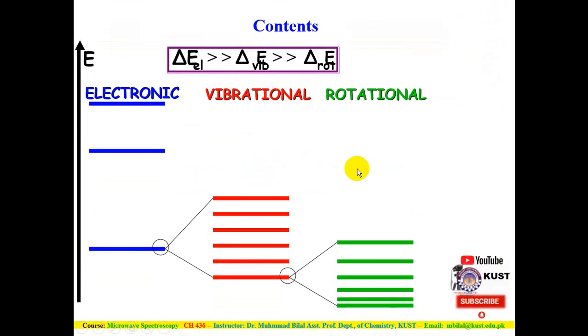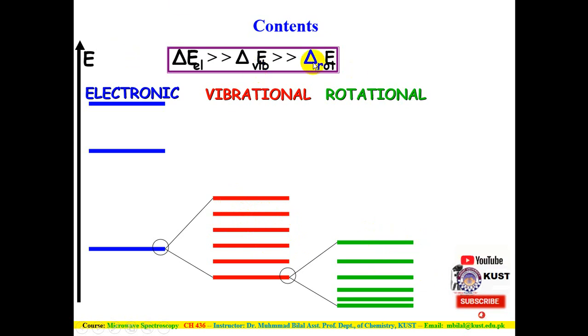Here we compare the different energy levels for the electronic transition, ultraviolet region, vibrational region and the rotation region. We can easily observe here that the energy gap for the electronic transition is highest, then for vibration it is lower, and for rotation it is the lowest.